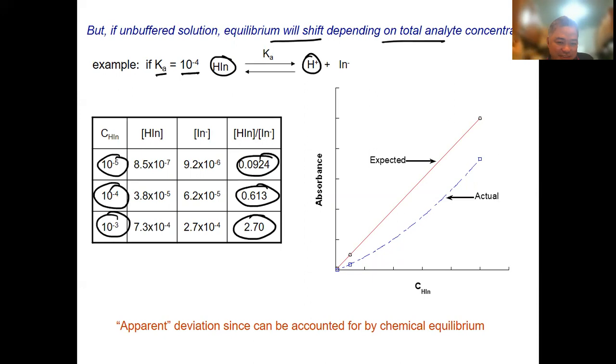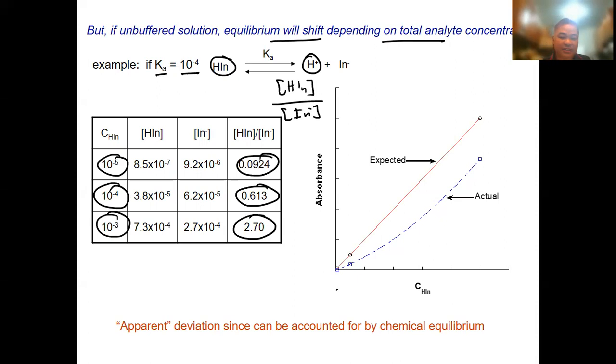from the expected one. Okay, so with concentrations of this one, they found out that the ratio that they have is 0.0924. If you increase the concentration there, that one also increased because, as you could see, H indicator is in the numerator compared to the protonated indicator. Okay, so here you could see an apparent deviation.